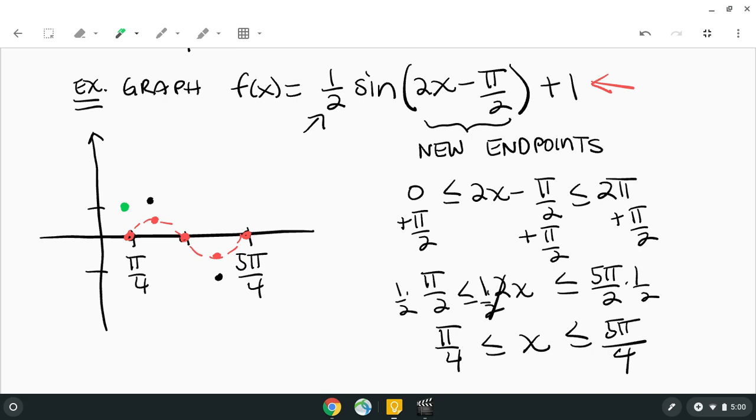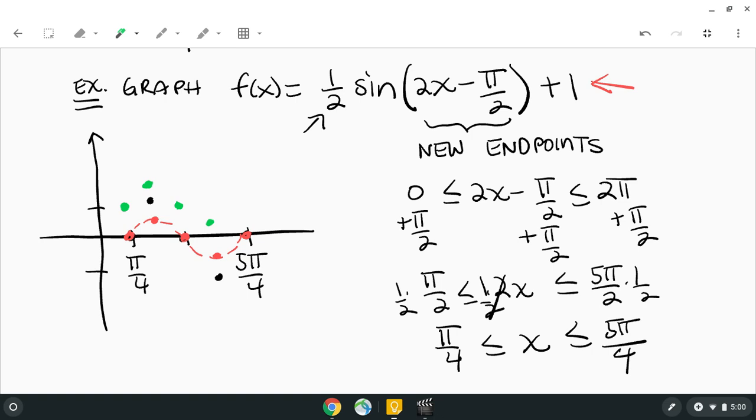Now we need to do this part, which is shift up 1. Let me get that green back. This first point, this first red point on the left here, is going to go up 1. This one here, that's at half, so it's going to go up 1 to 1.5.